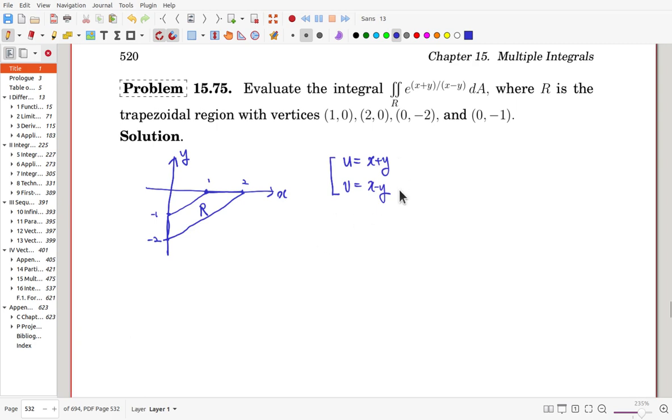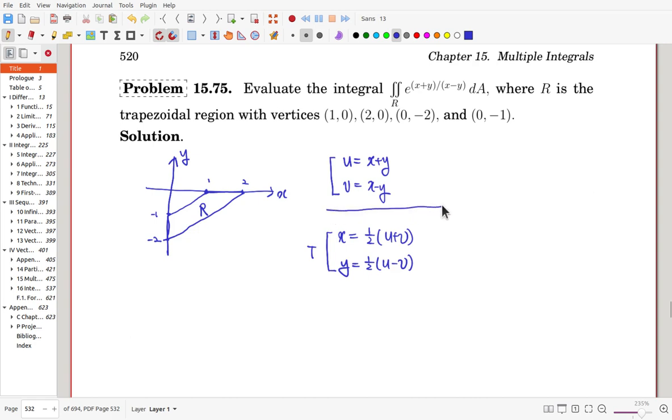Adding equation one and equation two, we have u plus v is 2x, which means x equals half of u plus v, right? Now, subtracting, u minus v equals 2y, so y equals half of u minus v. So that is the transformation.